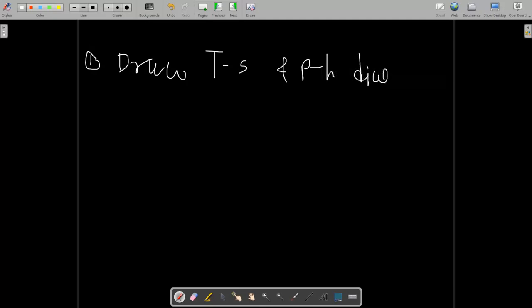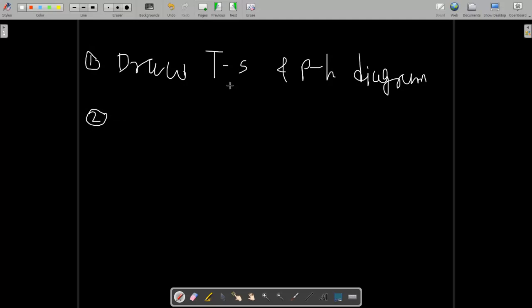There are three steps, three golden steps. First one is to draw the TS and pH diagram, and it should be correct as per our given condition. If there is superheat, show superheat.